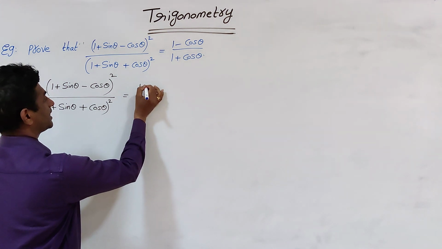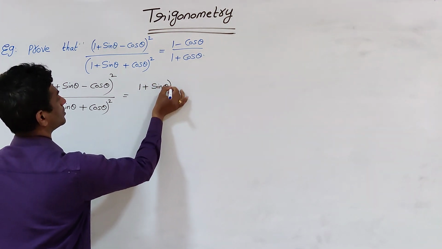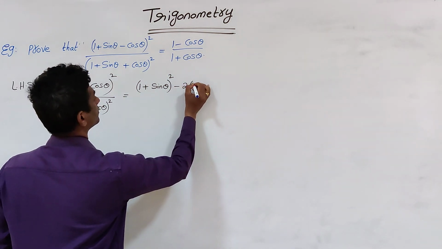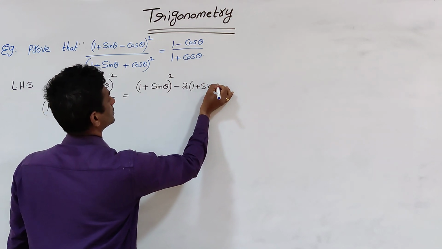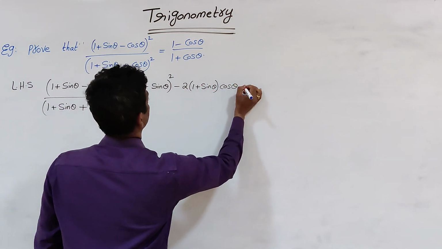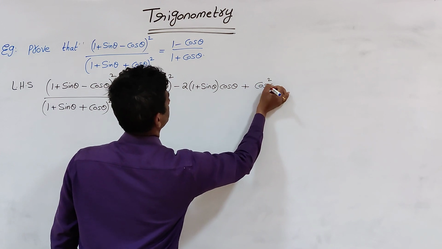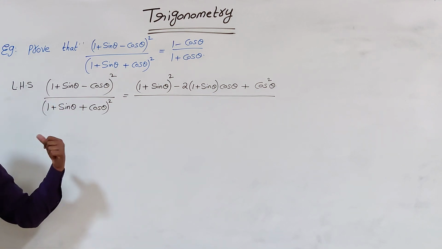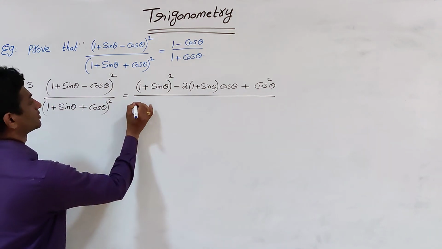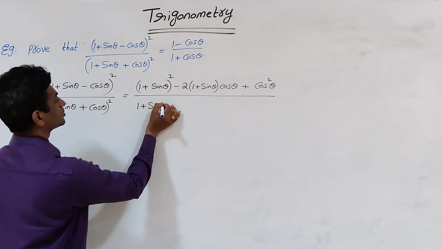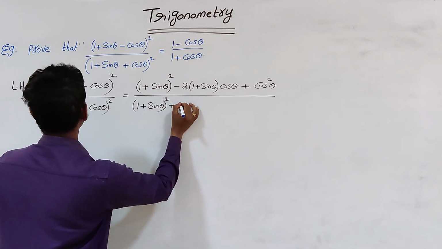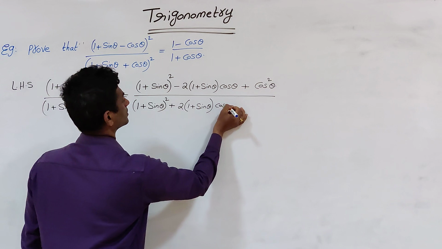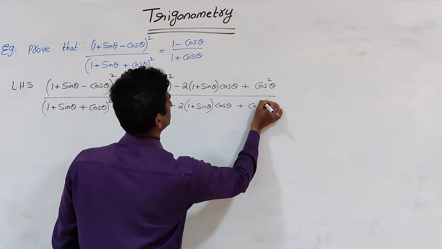So on expansion: (1 plus sin theta) whole square minus 2 times (1 plus sin theta) into cos theta plus cos square theta, by, in the same way as for the numerator, we'll do for the denominator also: (1 plus sin theta) whole square plus 2 times (1 plus sin theta) into cos theta plus cos square theta.